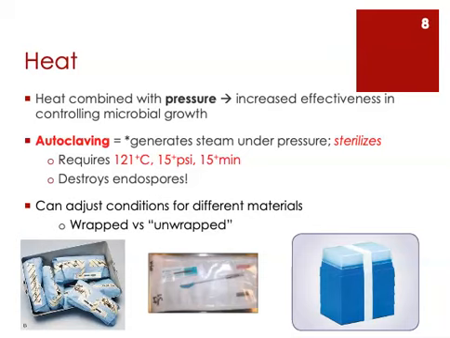Now, you have to achieve the correct combination of conditions for the correct amount of time in order to sterilize completely. You have to hit a temperature of 121 degrees centigrade at 15 psi, or pounds per square inch in terms of pressure, for at least 15 minutes. And if you achieve those conditions, you can sterilize the material.